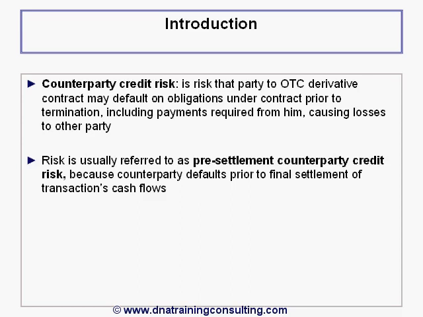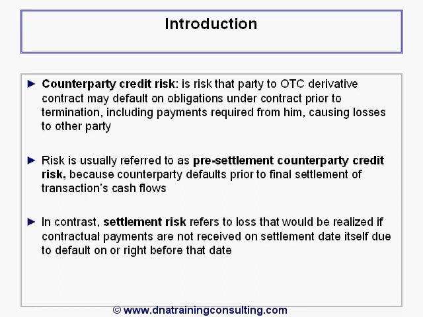This risk is usually referred to as pre-settlement counterparty credit risk because the counterparty defaults prior to the final settlement of the transaction's cash flows. In contrast, settlement risk refers to the loss that would be realized if contractual payments are not received on the settlement date itself due to default on or right before that date.